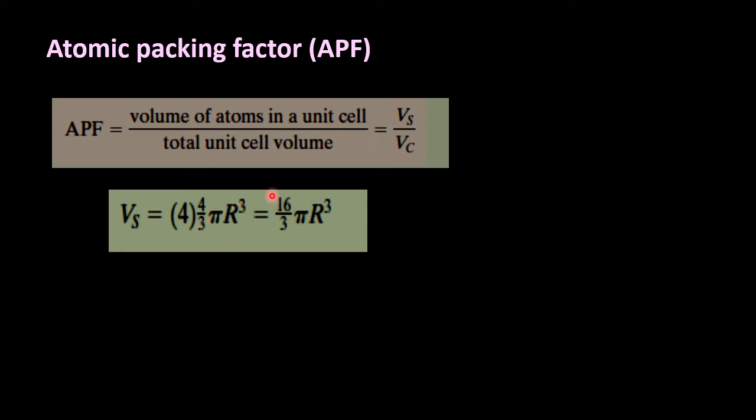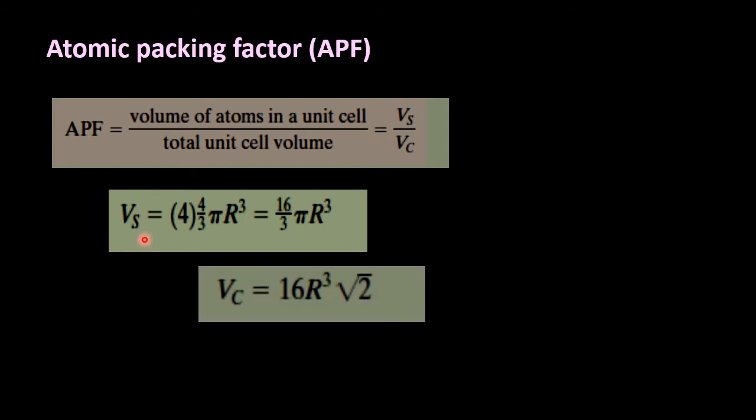If we take the atom in the form of a sphere, the volume of the sphere is equal to 4 by 3 pi r cube. As the total number of atoms in the FCC structure is 4, we multiply this volume by 4. It gives us 16 by 3 pi r cube, which is equal to the volume of all atoms per unit cell.